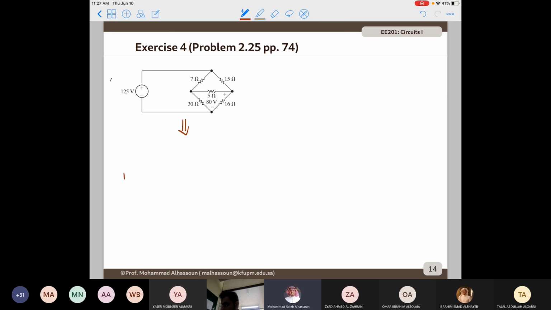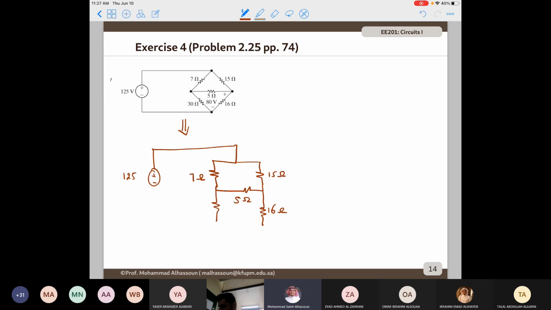So I have a 125 voltage source, then I have a 7 ohm resistor, a 15 ohm resistor, a 5 ohm resistor here, a 16 ohm resistor here, and a 30 ohm resistor here, and finally a wire connecting the entire circuit.